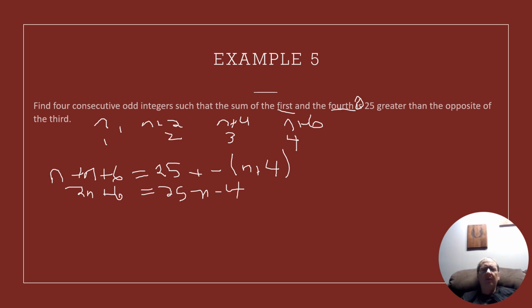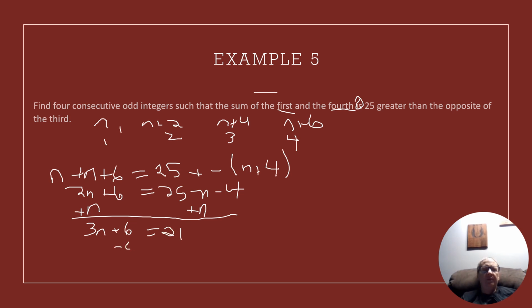If it's okay with you, I'm going to go ahead and actually move my n's next. I know that's kind of out of order, but doesn't really matter in the grand scheme of things. So I have 2n plus n is 3n plus 6, and then I will go ahead and combine my like terms over here. 25 minus 4 is 21.